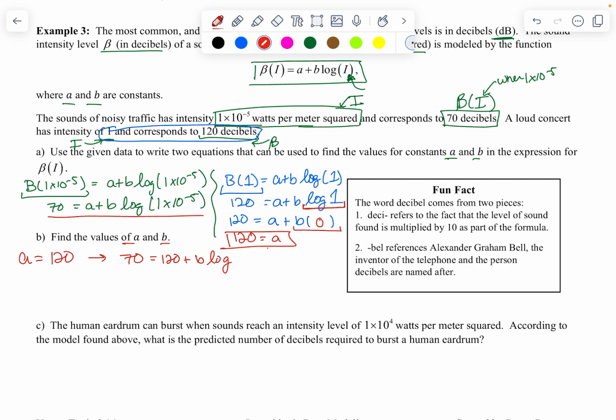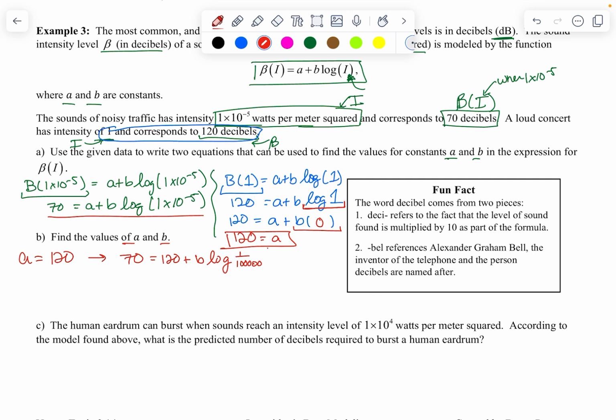Let's see if the calculator gives it. 0.000001, right? Or we can write it as 1 over 100,000.